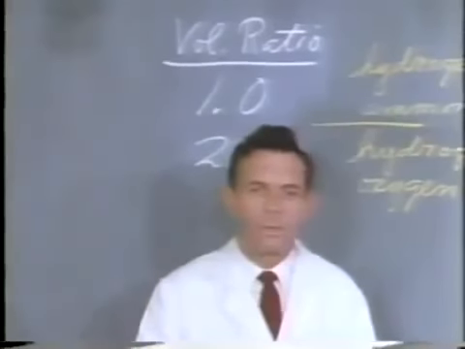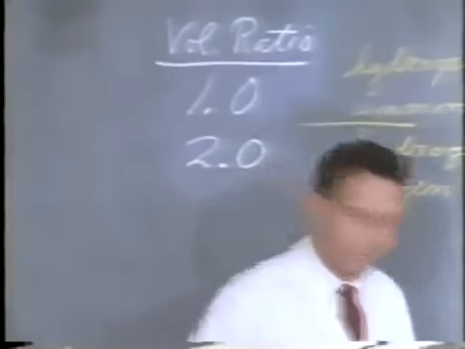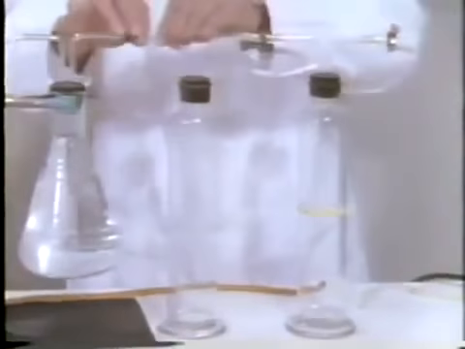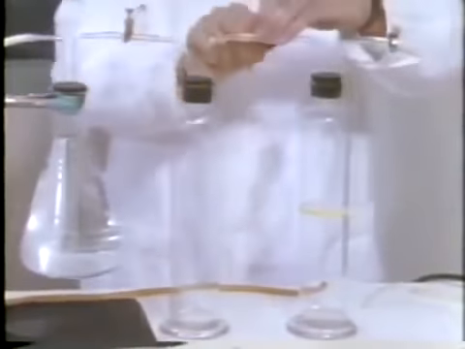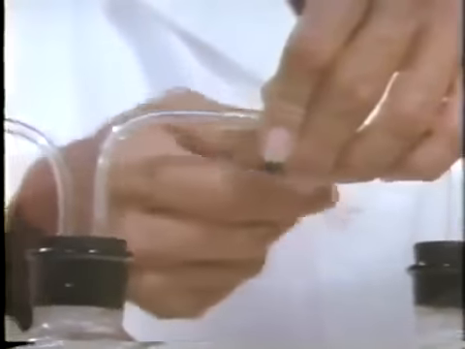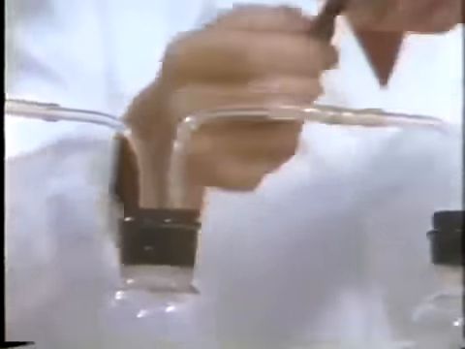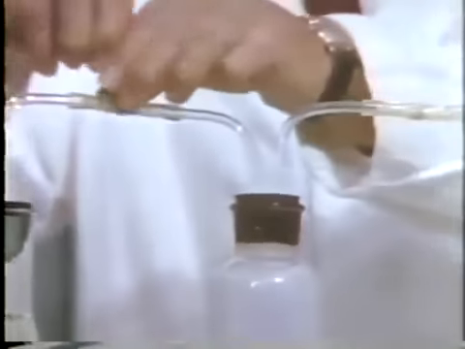Remember that nitric oxide combined with air. Let's try that one. These two cylinders have been filled, the right one with nitric oxide, the center one with oxygen, one of the constituents of air. First, we remove the screw clamps.